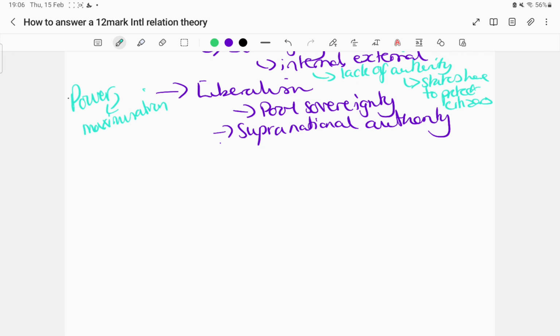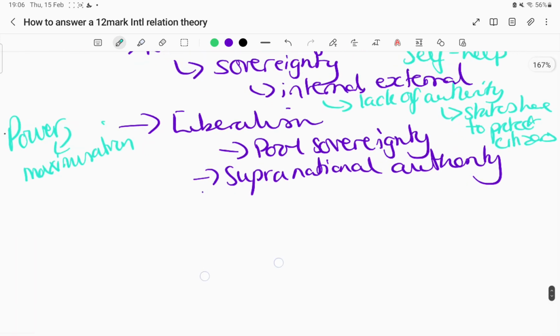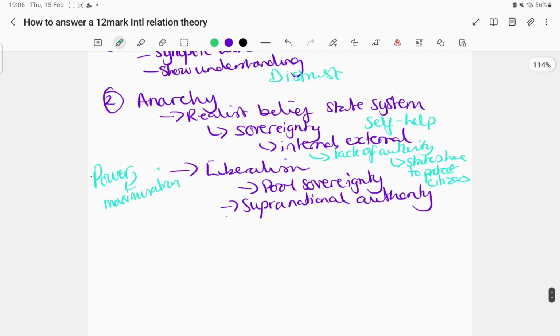Now, for the third point, we could talk about, so we've done anarchy, the pooling of sovereignty, the role of IGOs and non-governmental organizations.